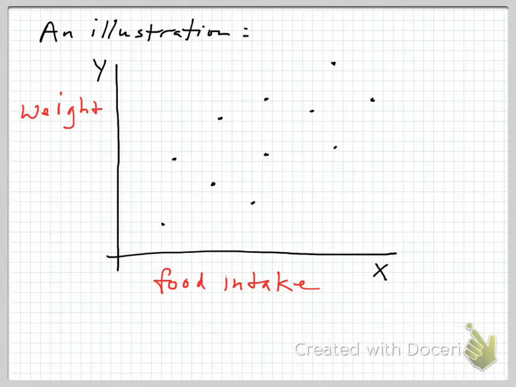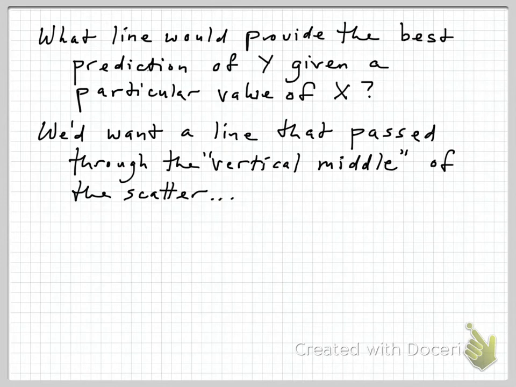Then each point in the data, for example that one, represents a particular cat with its daily food intake and its weight. So we'd like to fit a line that goes through that scatter plot that will capture the relationship between how much the cats eat and how much they weigh.